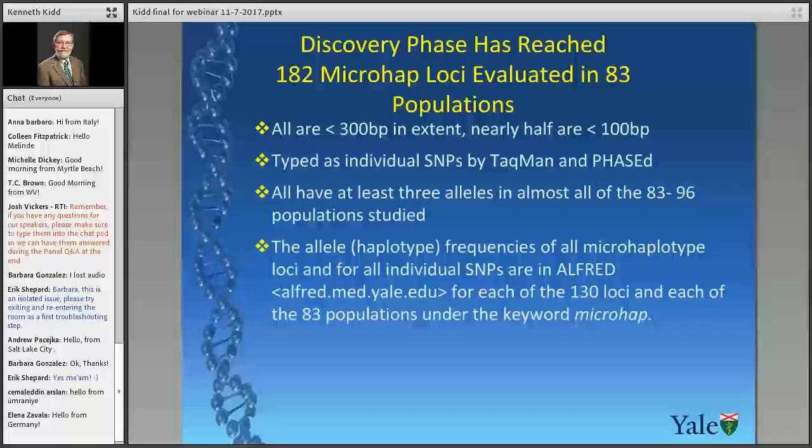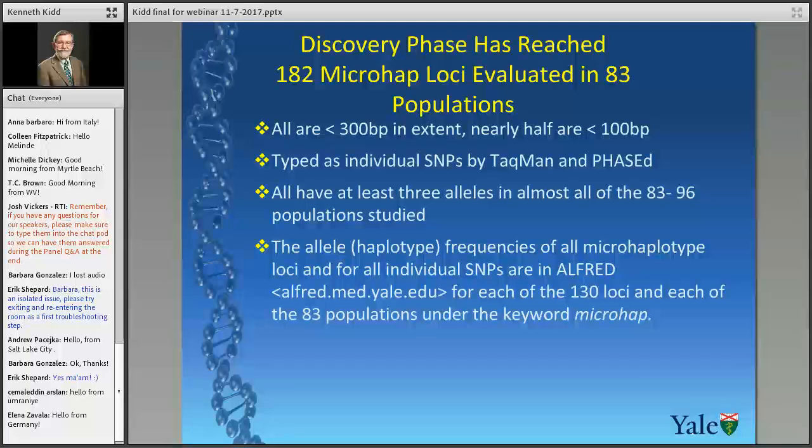All are less than 300 base pairs, nearly half less than 100 base pairs. Hence, a lot of them can be very useful on degraded DNA, as Dr. Parsons will discuss later.